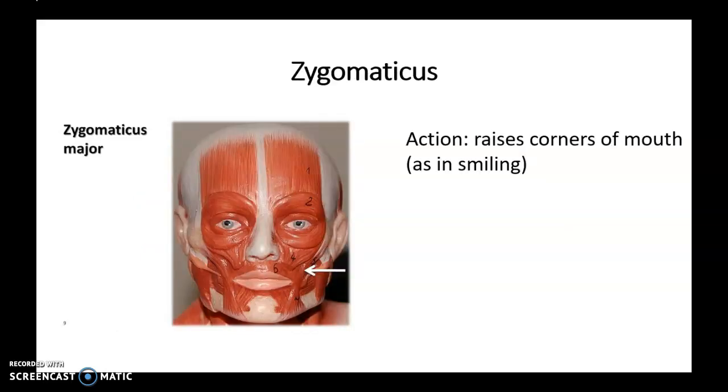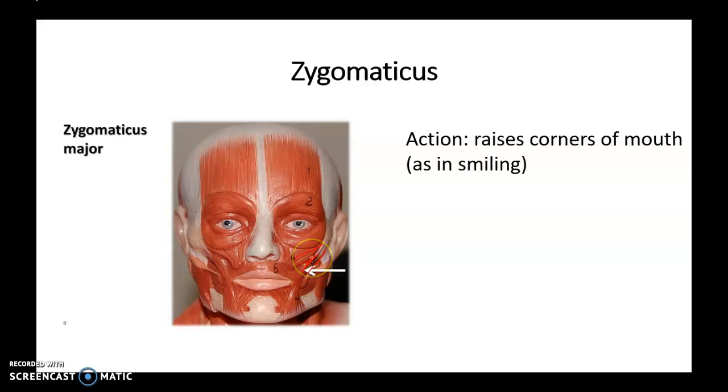The next muscle is Zygomaticus. Now I want you to know that there are two Zygomaticus muscles. There is a Zygomaticus major and a minor. For A and P class, we just go with Zygomaticus. On the practice set that I have posted on Canvas, it does point to both major and minor, and it'll ask you to ID the muscle. You should be able to tell me Zygomaticus. So I'll just tell you quickly. This muscle and this muscle.